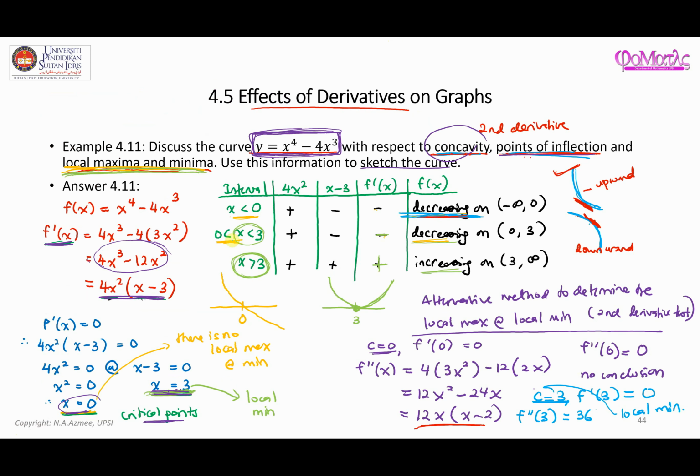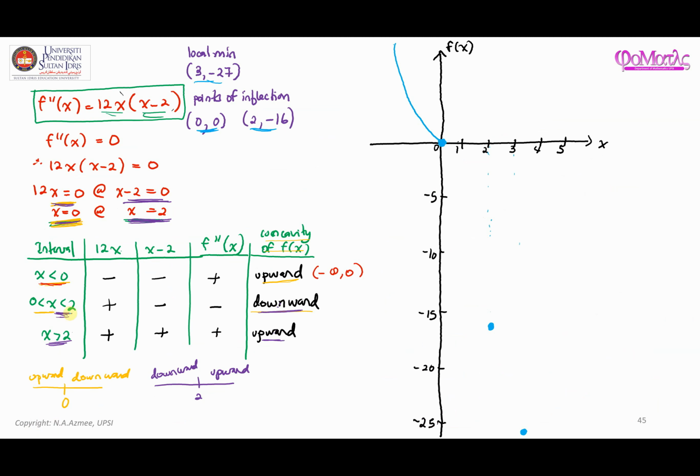Next, for x between 0 and 3, it is also decreasing, but we need to find out whether the concavity is upward or downward. So between 0 and 2, the concavity is downward. So this is at point 2. So between 0 and 2, the behavior is concave downward. It is decreasing.